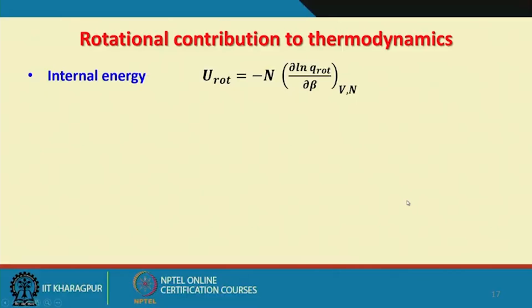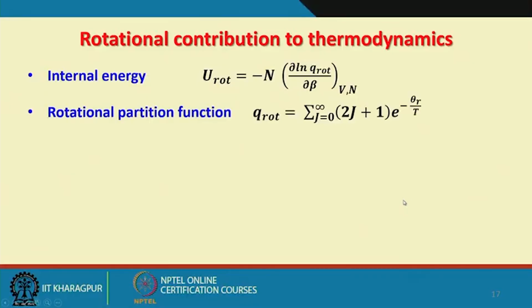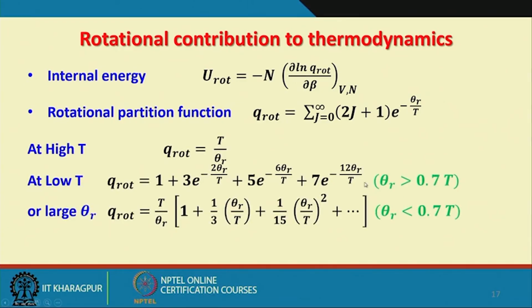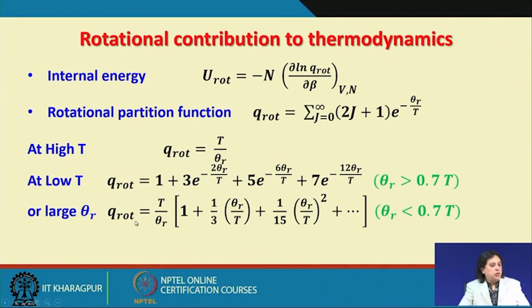Then what happens is, you can also find out the rotational contribution. Here actually, before you go and try out the derivative of the rotational partition function, this infinite series sum can be simplified at different ranges which are pretty well known. Instead of evaluating an infinite summation at very high temperature, we can either have q rot given by T by theta r, or a finite summation, or if the theta r values are large, then some other summations are possible.